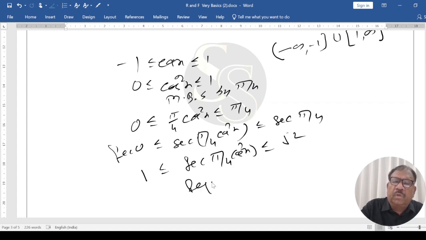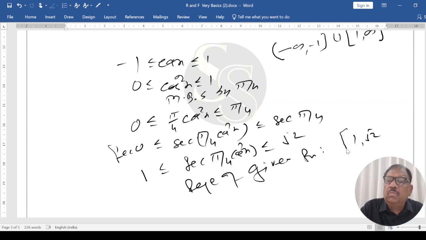So the range of the given function is 1 to root 2. Closed interval or open interval? There is an equal to sign, so this will be a closed interval. This is the answer.